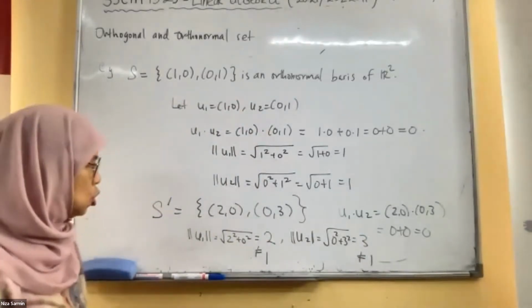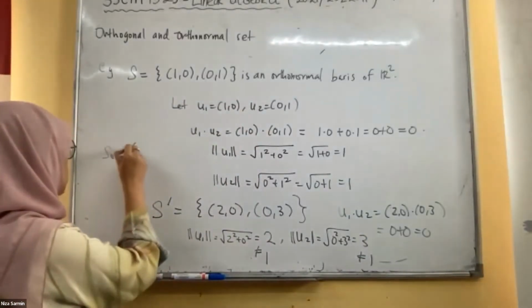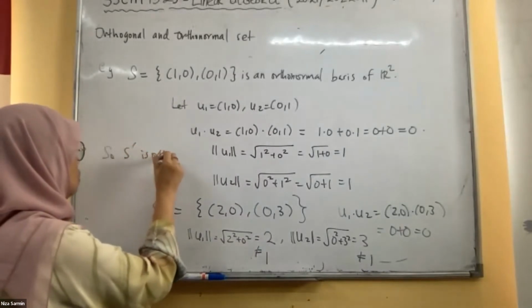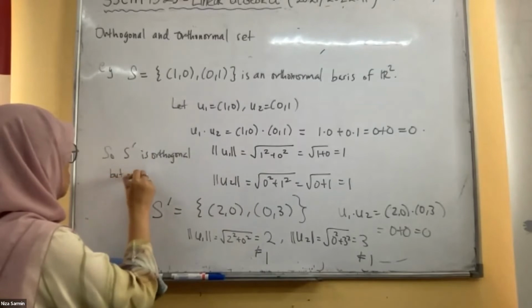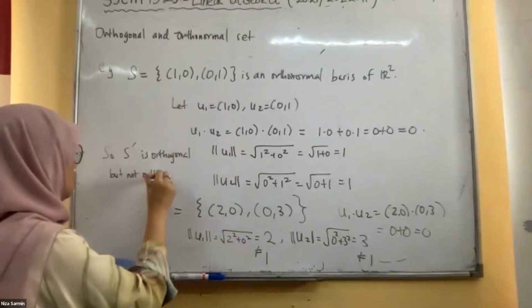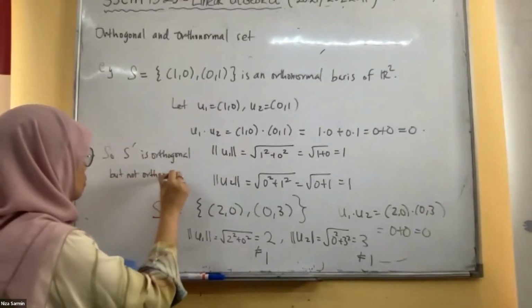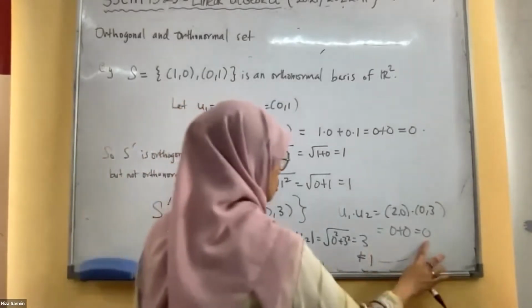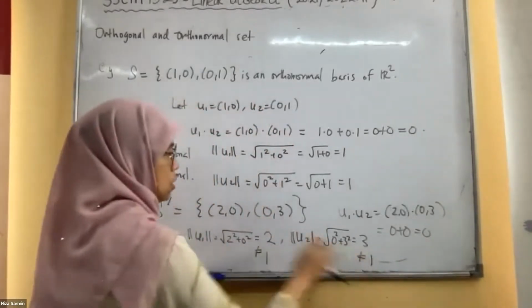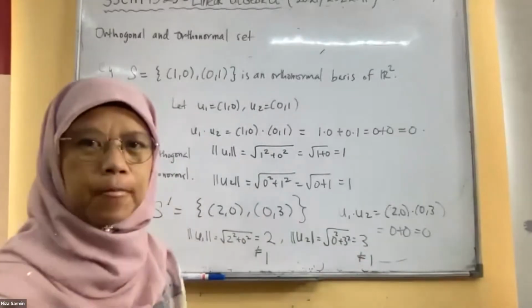So S prime is orthogonal but not orthonormal, because this is 0, so it is orthogonal, and this is not 1.